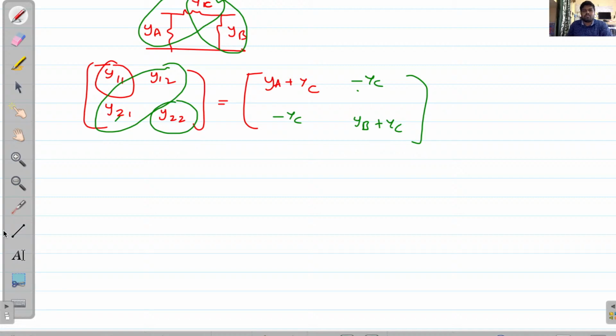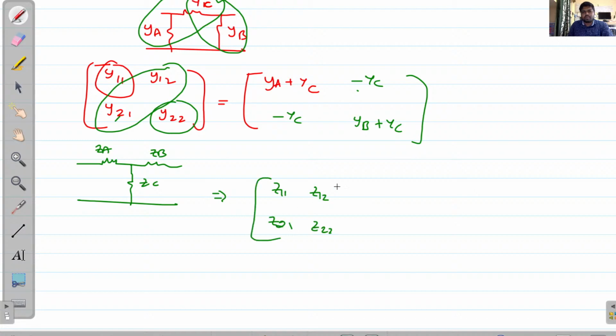For example, in the case of Z parameters, if you have a T network, otherwise Y network, this is ZA, this is ZB and this is ZC. In that context, Z11, Z12, Z21 and Z22. Now if you want to find Z11, you can add these two. So what you will get? ZA plus ZC.